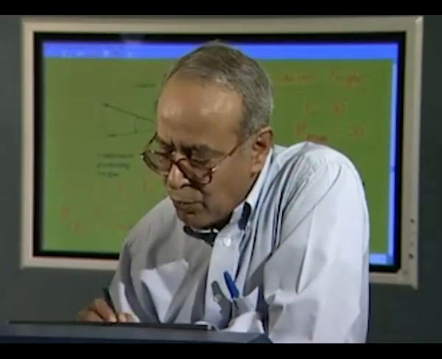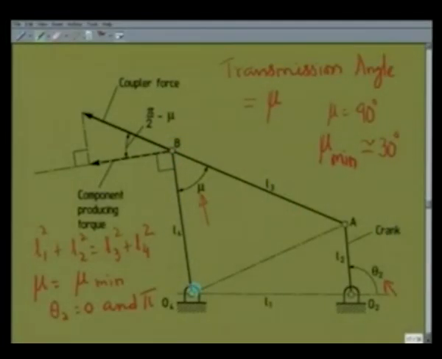Considering the triangle O4AB, I can write O4A squared is L4 squared plus L3 squared minus twice L3 L4 cos mu. Same way, I consider again the triangle O4 O2A and write O4A squared as L1 squared plus L2 squared minus twice L1 L2 into cosine of pi minus theta 2, that is plus twice L1 L2 cos theta 2.